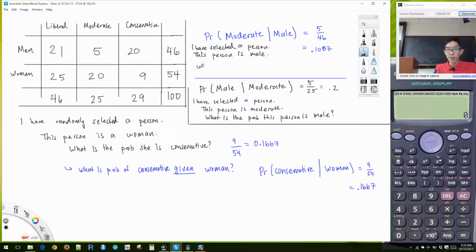What is the probability he is moderate? Okay, so please look at these two situations and make sure you understand the difference between this one and this one.